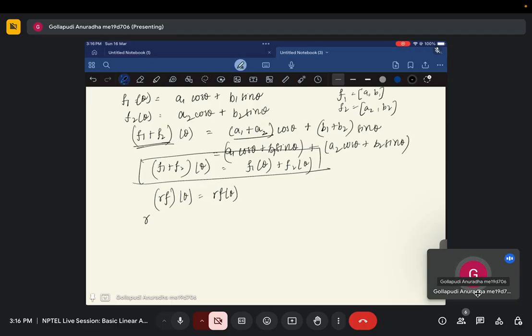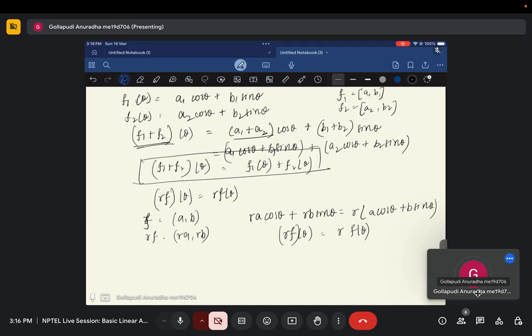Even this will be satisfied. If f has a and b, then r f will have ra and rb, which means ra cos theta plus rb sin theta, which I can write as r times a cos theta plus b sin theta. So (rf)(theta) is equal to r f(theta), and even this condition is satisfied. So this forms a vector space.